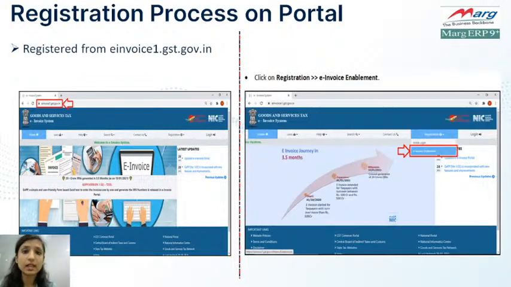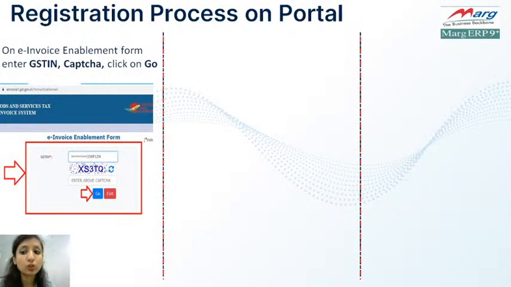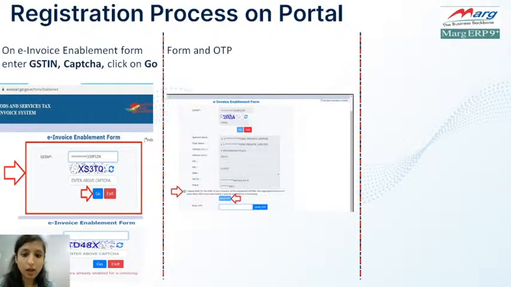Second, you will get the option of registration on the IRP portal, and after clicking on the registration tab, you will get the option of e-invoice enablement. After clicking on that option, you need to enter your GSTN number and the captcha code, and click on go. Thereafter, you will get the e-invoice enablement form.